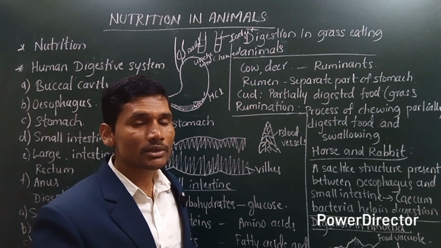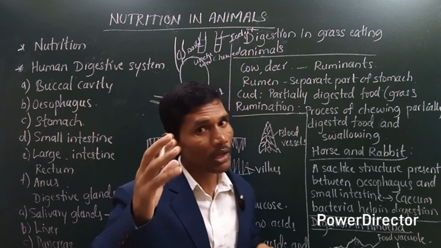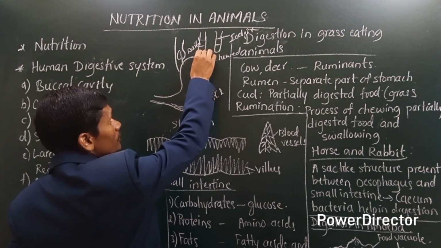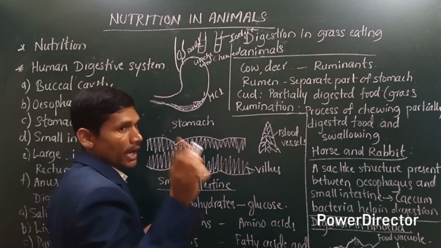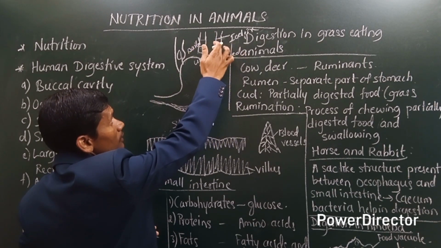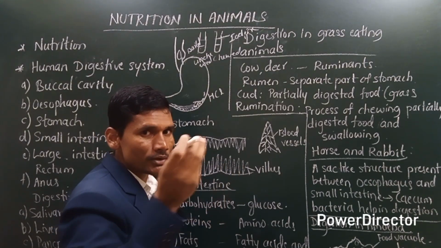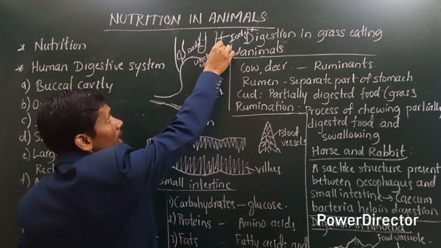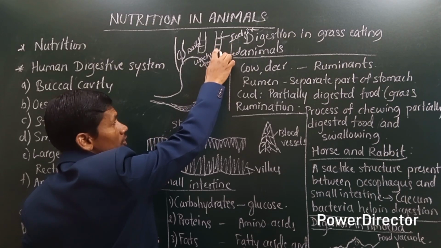If it does not change color, there is no carbohydrate present. Here, in the unchewed food, if you add iodine, the color changes to blue black, showing that carbohydrate is present. But in the other test tube, where we have taken food chewed for 3 to 5 minutes, if you add iodine, there is no change in color in this test tube.